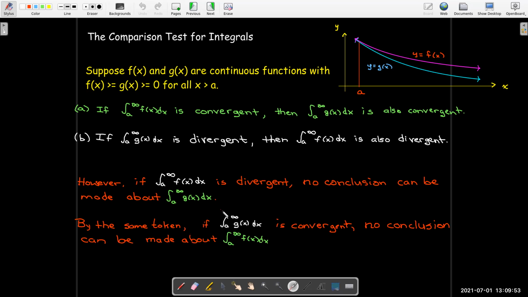And by this same token, if the small one is convergent, then that really doesn't give us any information about what's going to happen with the big one. It may or may not be convergent.